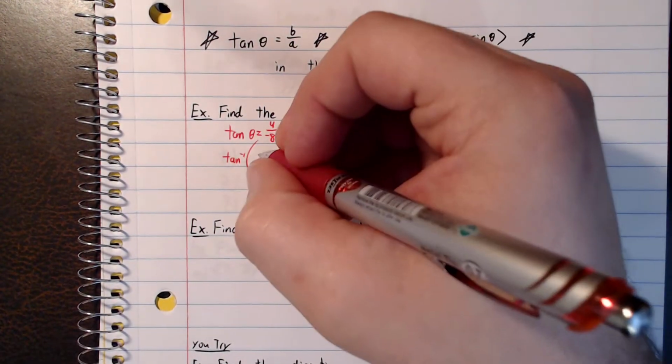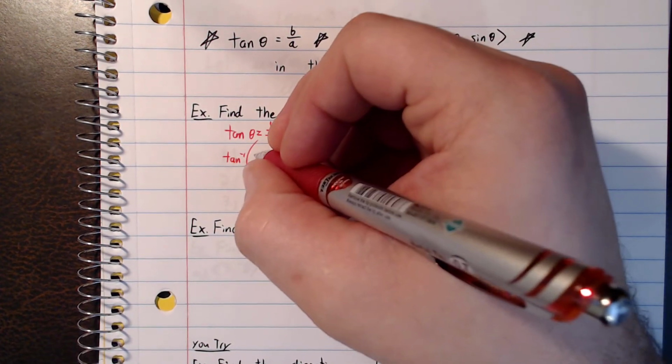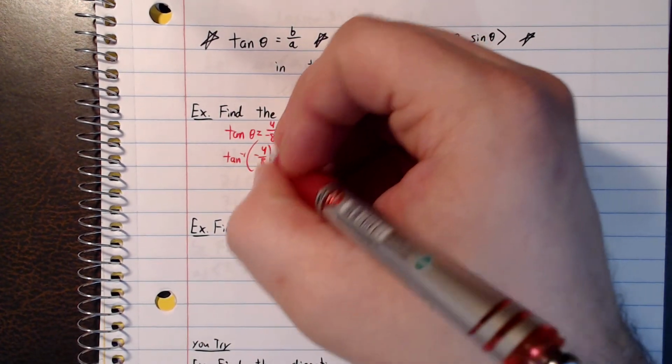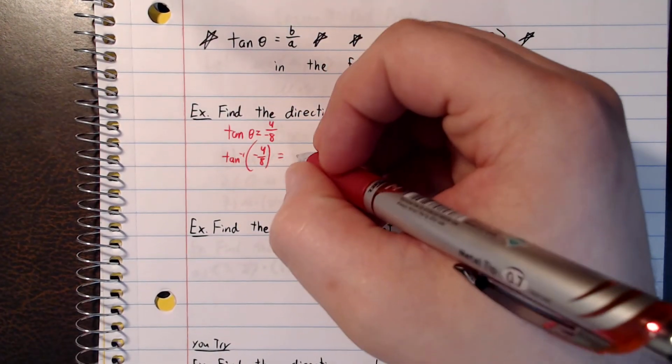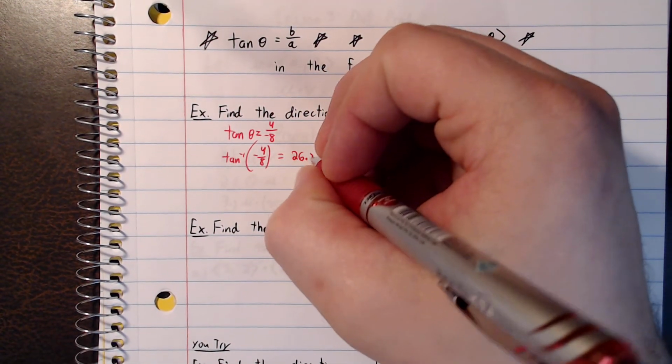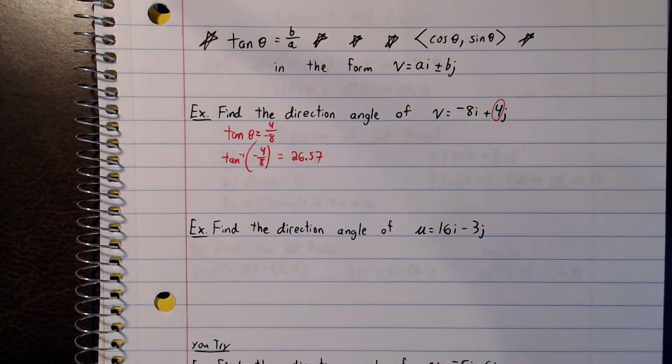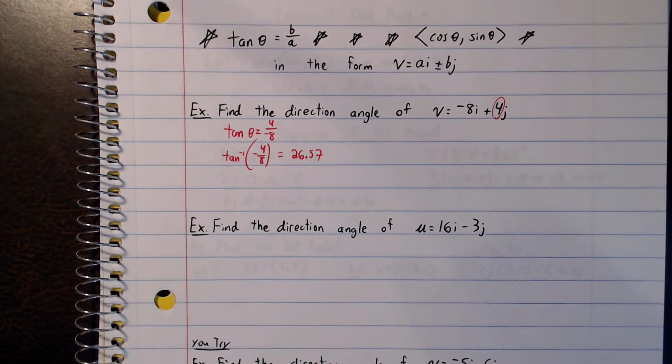So we're finding tan inverse of 4 over negative 8. If you type that into your calculator, we are going to come up with 26.57. It didn't actually tell us what to round to, so 2 decimal places is okay.